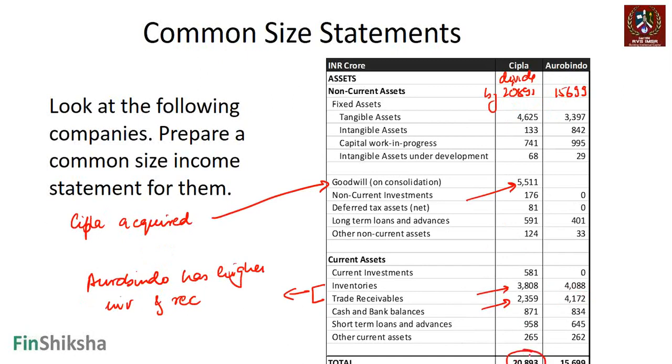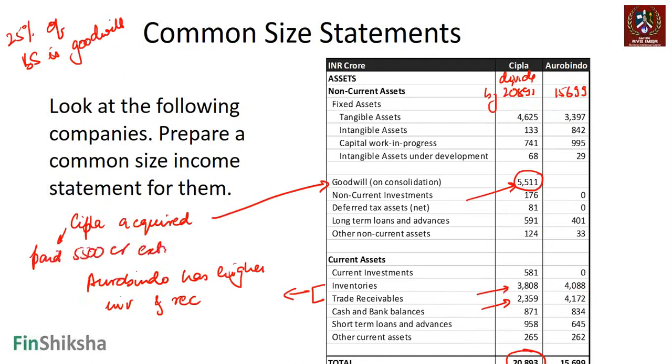So if you actually look at this balance sheet size, nearly 25% of the balance sheet is goodwill. Now that's interesting because obviously Cipla paid this 5,500 crore extra while purchasing something, right?